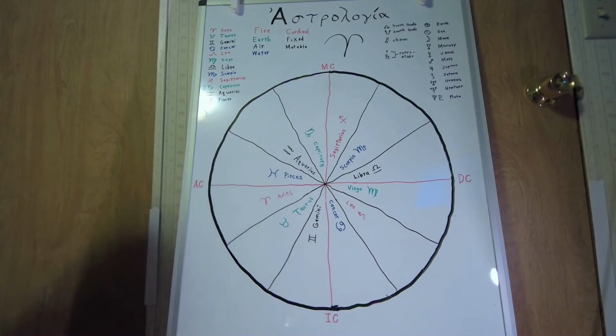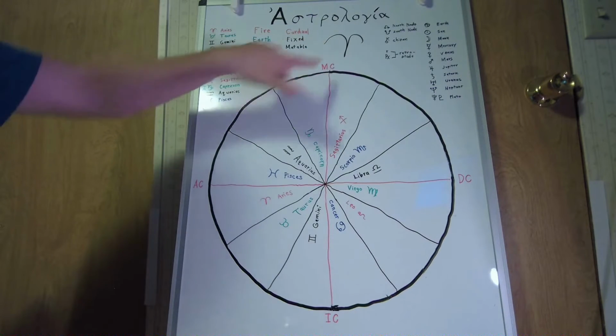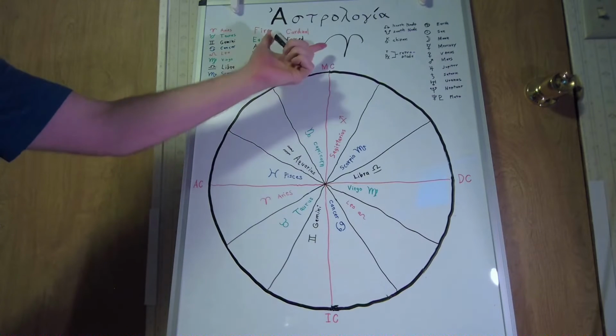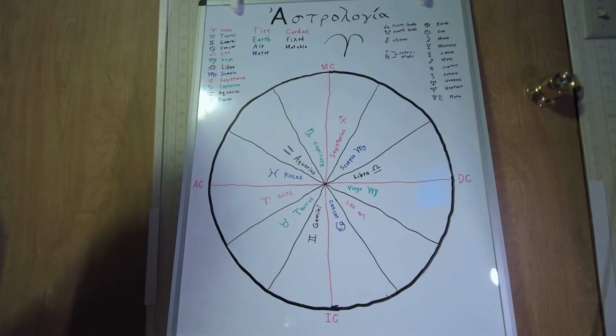Aries, that's its glyph, its symbol. And Aries is a fire sign and it's cardinal, so it's enthusiastic and spontaneous. It has initiative and it's enthusiastic, so double enthusiastic, you could say.